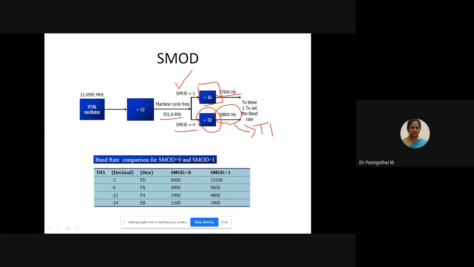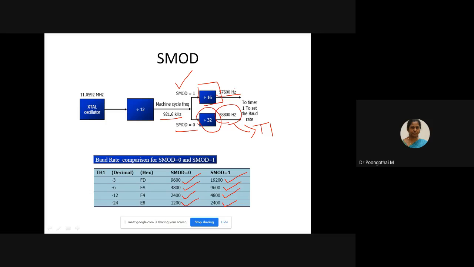So look at this table. If the baud rate is 9600, it's the default value when SMOD is equal to 0. If SMOD is equal to 1, the value is doubled. Similarly, 4800, 9600, 2400, 4800, 1200, 2400.